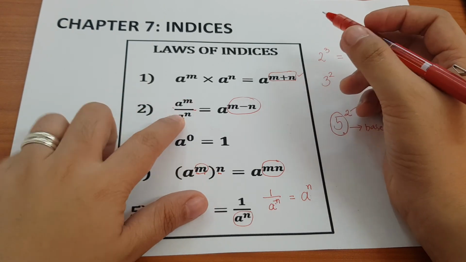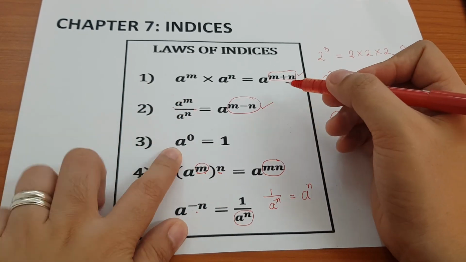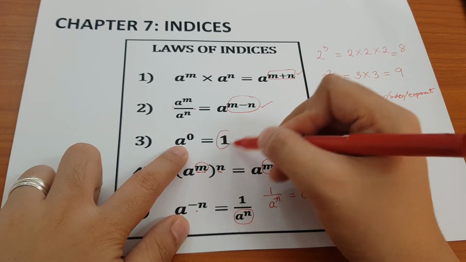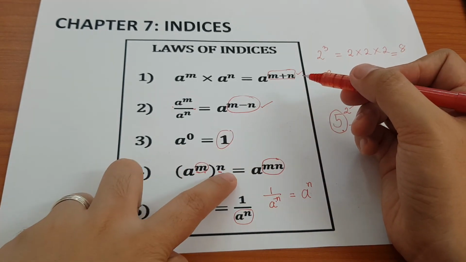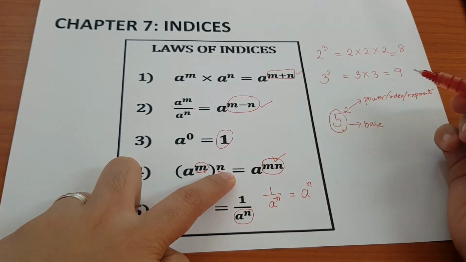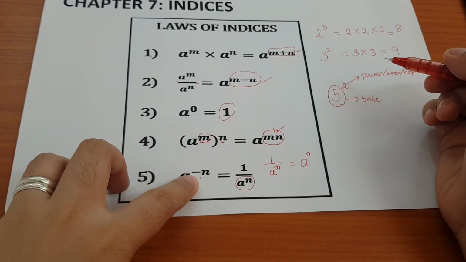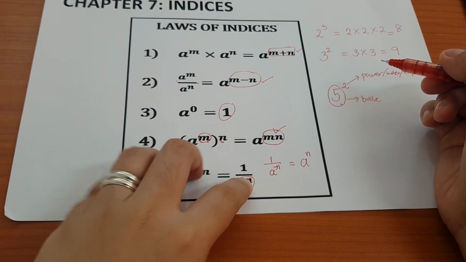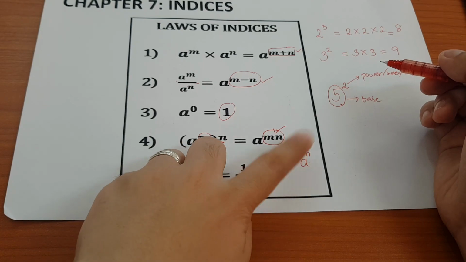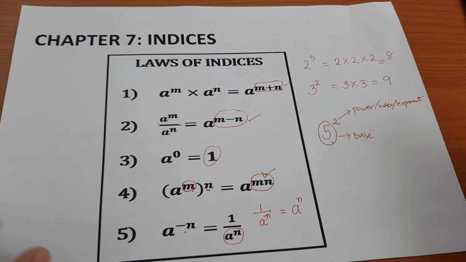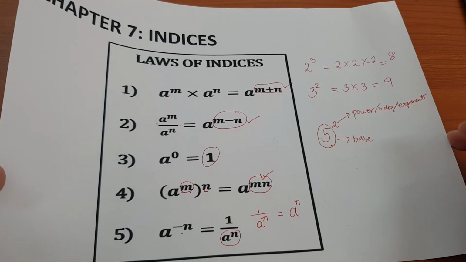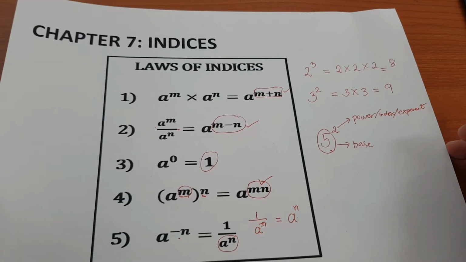If it's division, same base, subtract the powers. Any number raised to 0 will always give you 1, and power raised to a power, you multiply m times n. If it's negative, you put it down to be positive, and if it's negative down, you put it up to make it positive. So that's the end of this chapter, laws of indices.